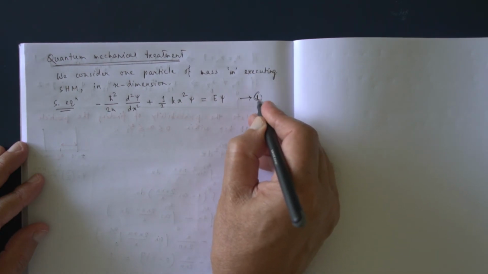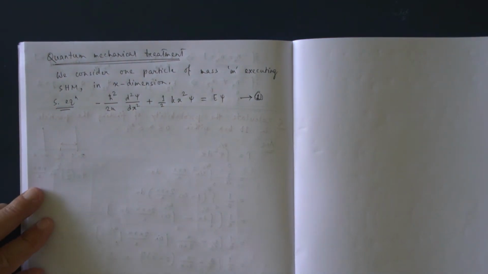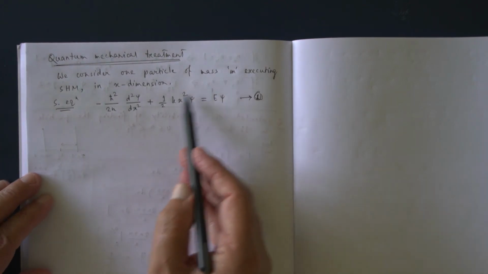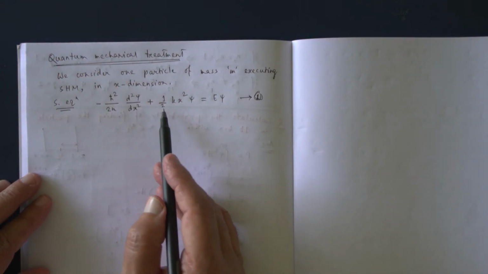This is equation 1. For a particle executing simple harmonic motion in the x dimension, the Schrödinger equation is this.